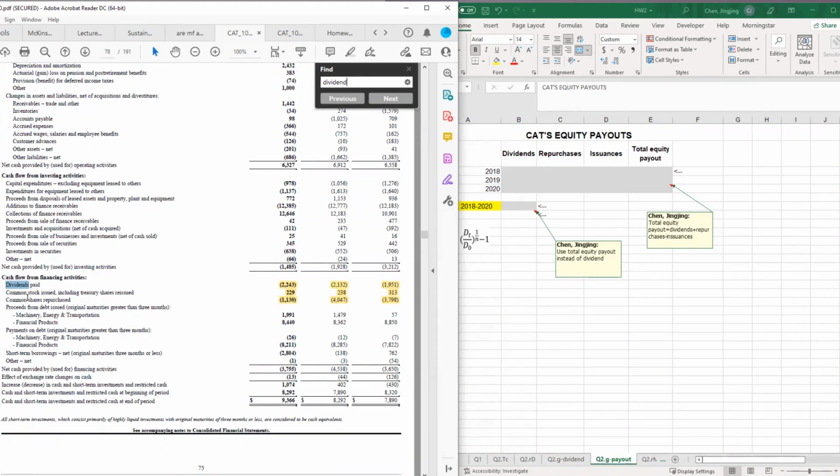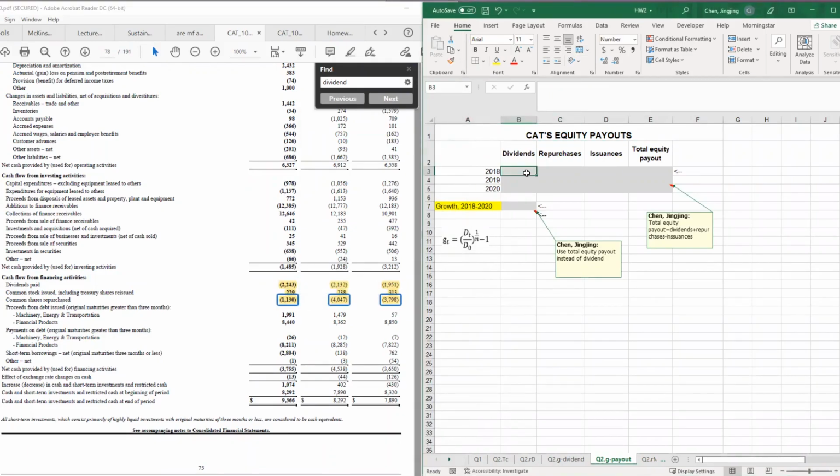And also there is information for common shares issued, and this will be share issuance. That means companies are raising more capital from the equity market. The way of doing that is to issue new stock shares. The repurchase number is also here, another way for a company to pay out its earnings to shareholders. That's why dividend payments and repurchases are negative numbers, and share issuance will be a positive number. So I will just extract all this information.